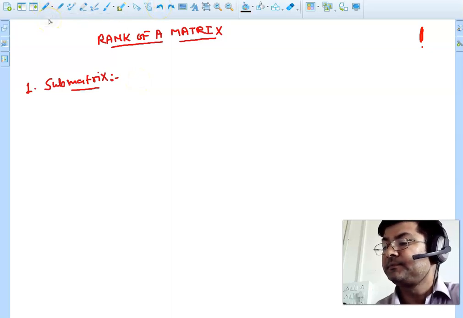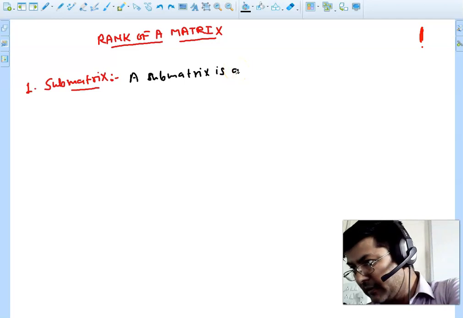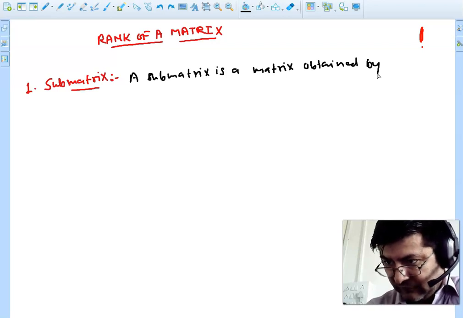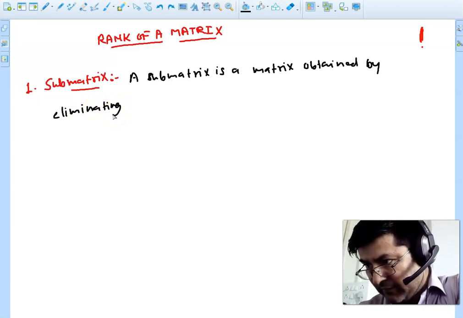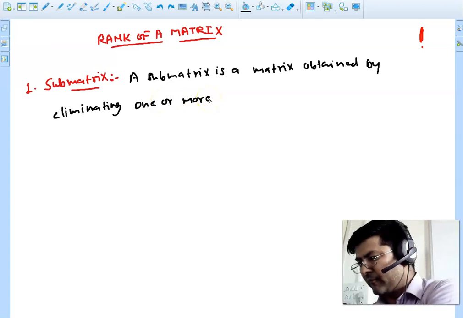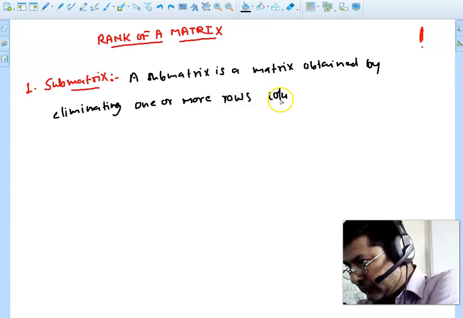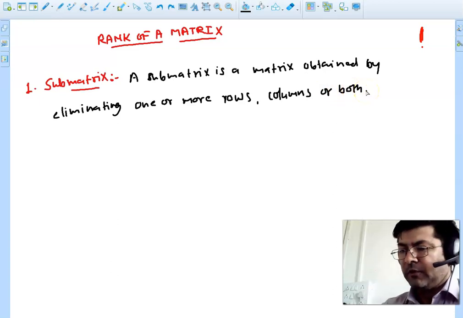A submatrix is a matrix obtained by eliminating one or more rows or columns or both.